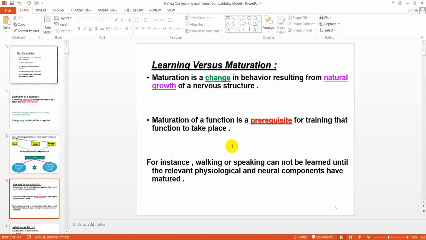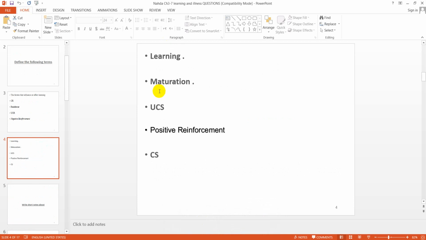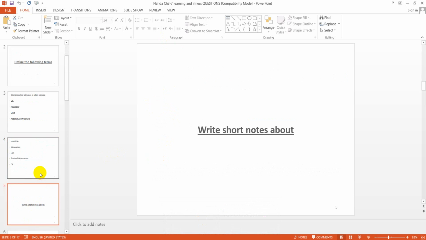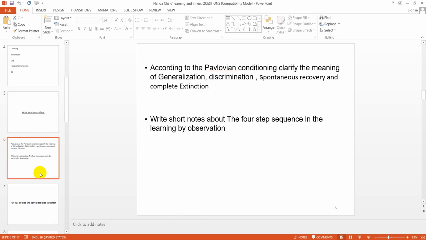Maturation also is a change in behavior resulting from natural growth of a nervous structure or nervous system. So maturation could be seen as a prerequisite for training that function to take place. I think now you are able to define UCS and CS. That's all in the first question, definition.